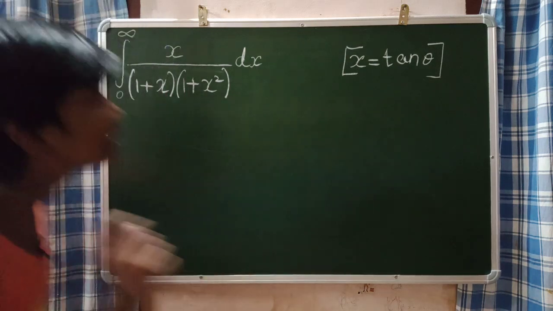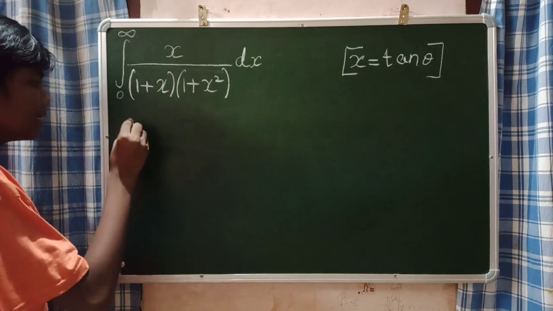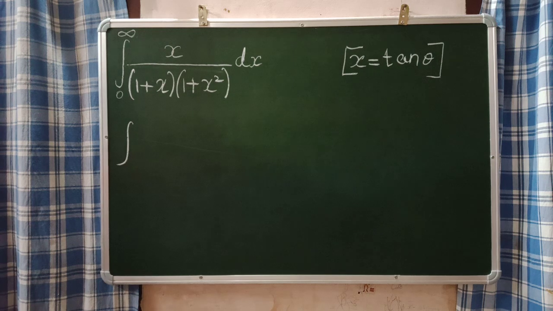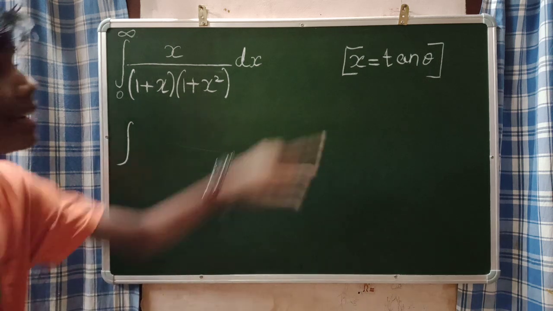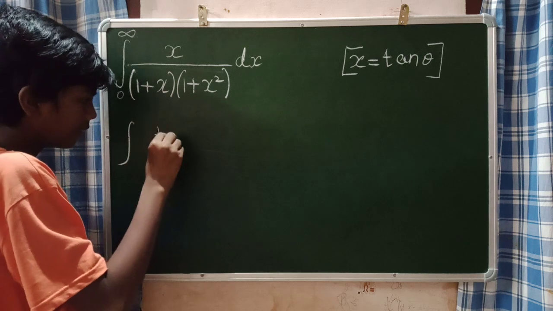If I'm taking x as tan theta, how will this integral be? The integral will be the integration of x, and x is nothing but tan theta, so the numerator will be tan theta.